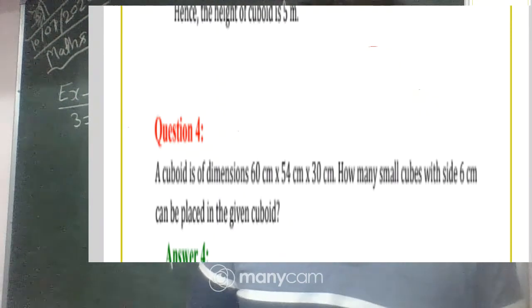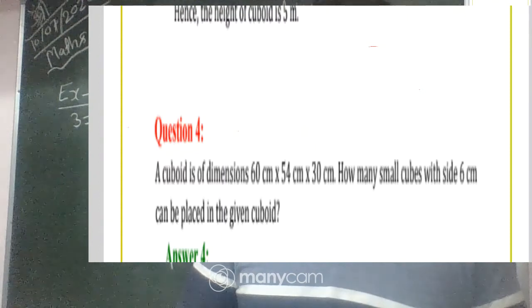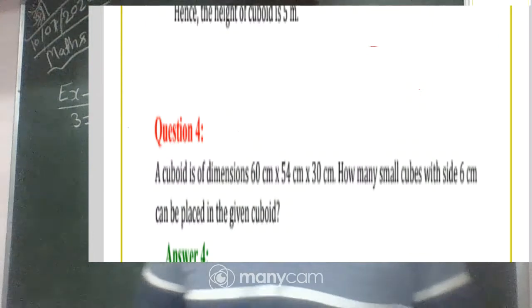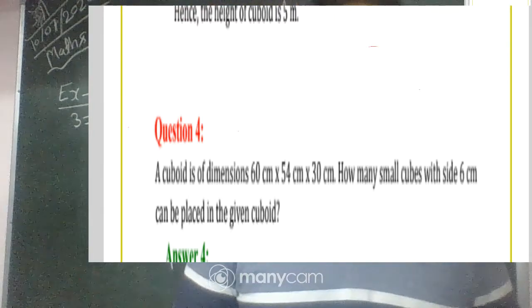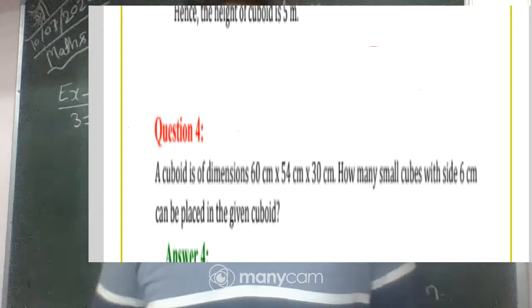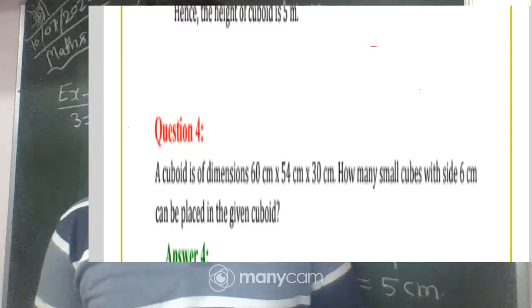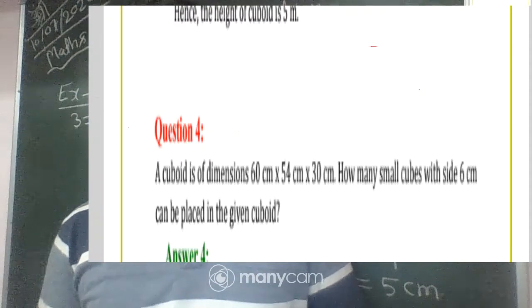So the dimension of cuboid is given. It means that the length of cuboid is equal to 60 centimeters, the breadth of cuboid is equal to 54 centimeters, and the height of cuboid is equal to 30 centimeters.